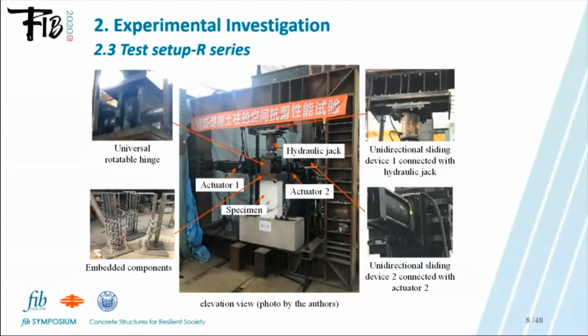The free end boundary condition at the top of the specimen was achieved by connecting all the actuators to the universal rotatable hinge. The RC column specimen was connected with the universal rotatable hinge through embedded components. Besides, all the actuators were connected to a sliding device at the other end, so that all of the external forces are parallel to their initial directions.